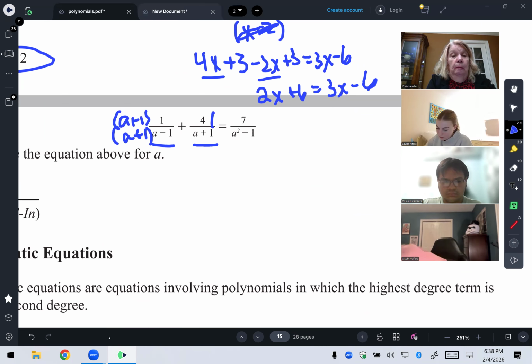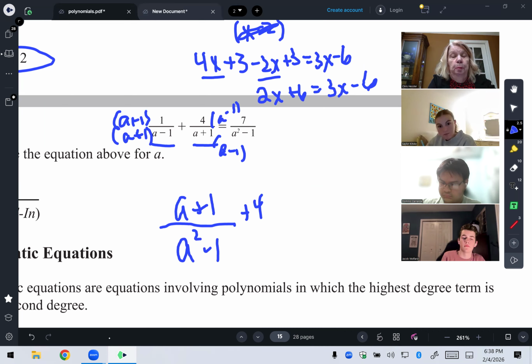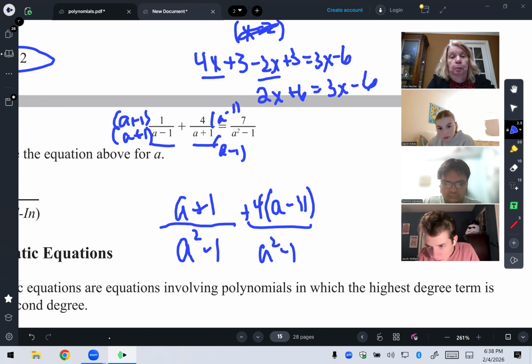Here, this would be a minus 1 and a minus 1. So that would give us a plus 1 over a squared minus 1 plus 4a minus 4 over a squared minus 1. Minus 1, I'm sorry, yeah.